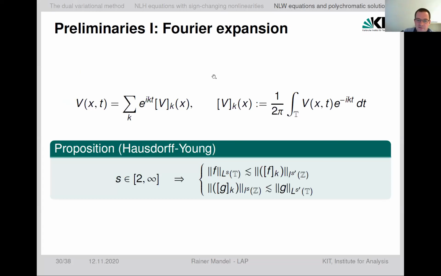So what we need is the Hausdorff-Young inequality. So we can write a function in terms of its modes. So these modes will be written that way. And in the following, we will use the Hausdorff-Young inequality. I won't check this in my computations now, but just for you as a hint, what tools do I need here?